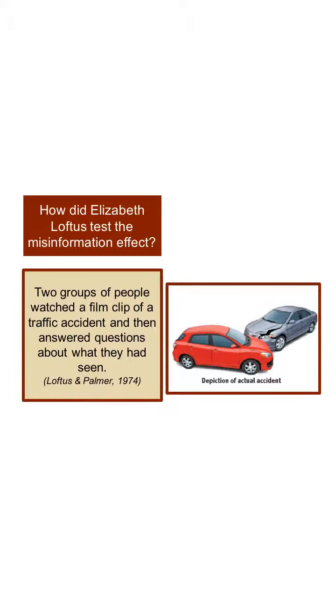The smashed group remembered more things, again a false memory, because it was more consistent with the cars having smashed each other. So this question was misleading and led them to implant the false memory.